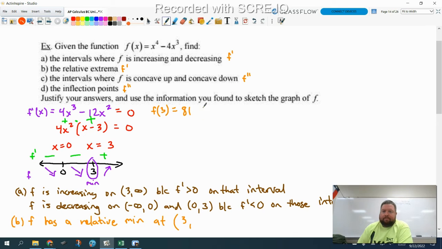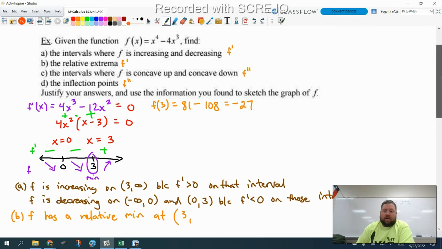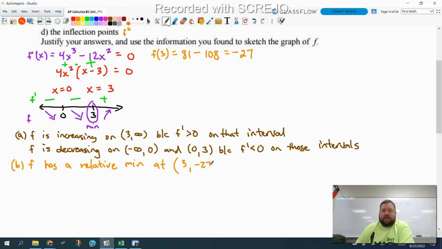That's 81 minus 4 times 27. 3 cubed is 27. 4 times 27 is 108. 81 minus 108 is negative 27. So 3, comma, negative 27. And I know that because f prime changes from negative to positive at that point.